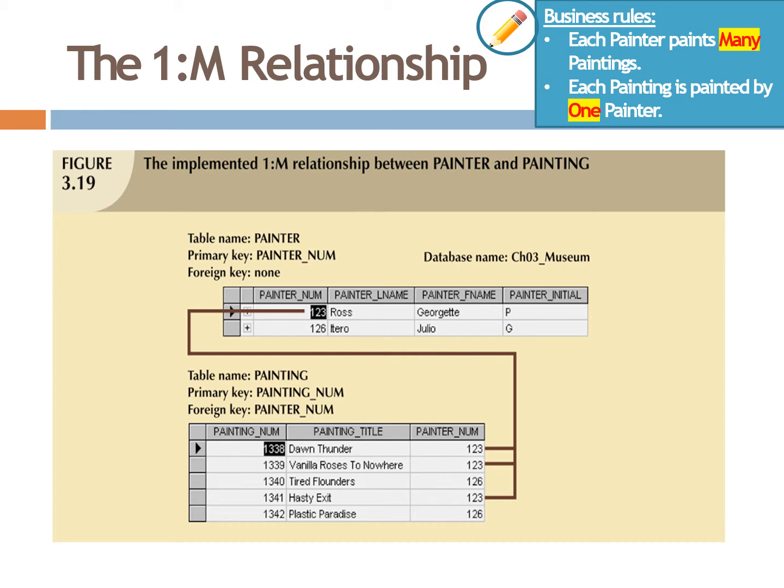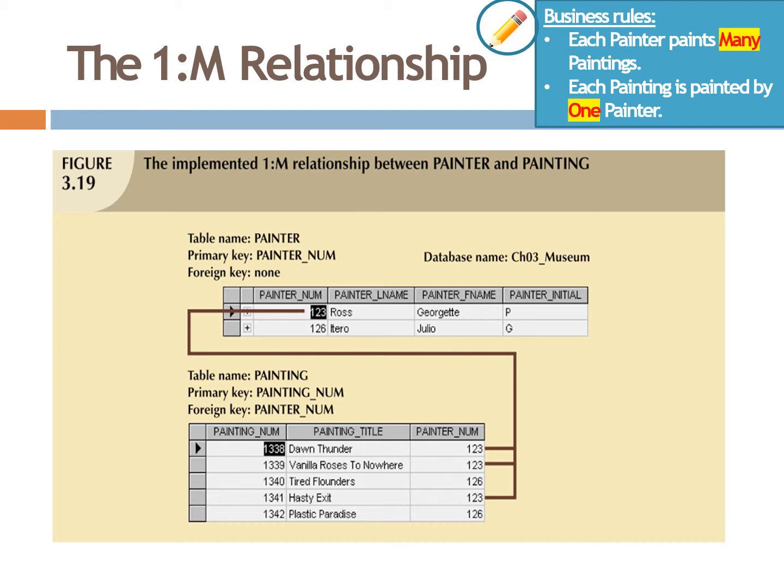And then the second business rule is each painting is painted by one painter. If you look at the business rules highlighted there, you can see the word many and you can see the word one. So this shows that this relationship is one to many.